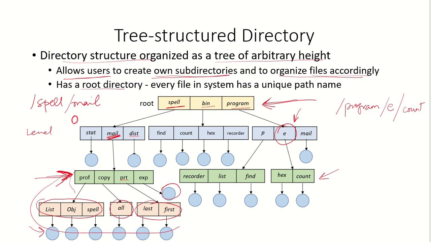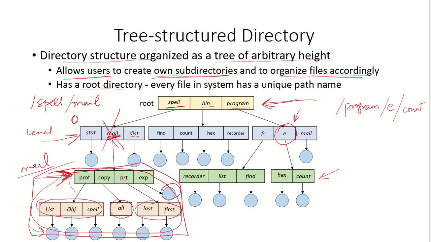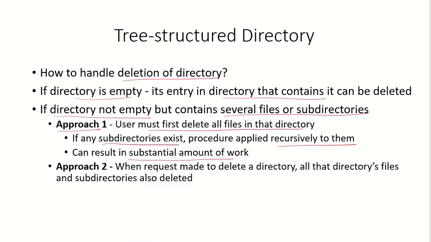Once all of this has been deleted, then its entry can be deleted from the directory which was containing mail, once all the subdirectories and further files have been deleted. So this is approach one. This process of deletion has to be applied recursively to all the low level subdirectories.